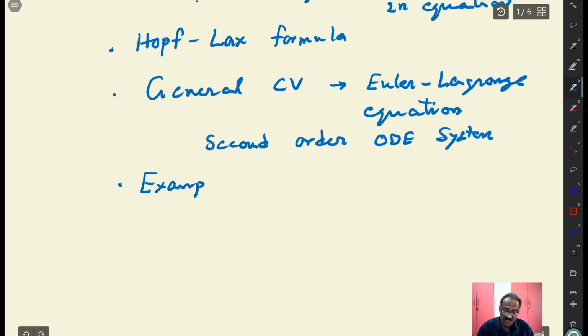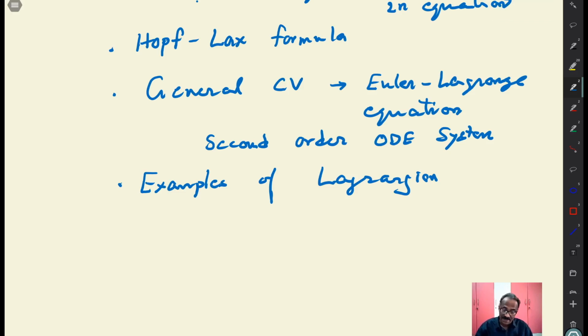The function under the integral sign that is being minimized is called the Lagrangian. We have seen examples of Lagrangian L, and one of them is from classical mechanics. So this is a theory which is bigger than classical mechanics. We have seen the brachistochrone problem, catenary problems, and all that.